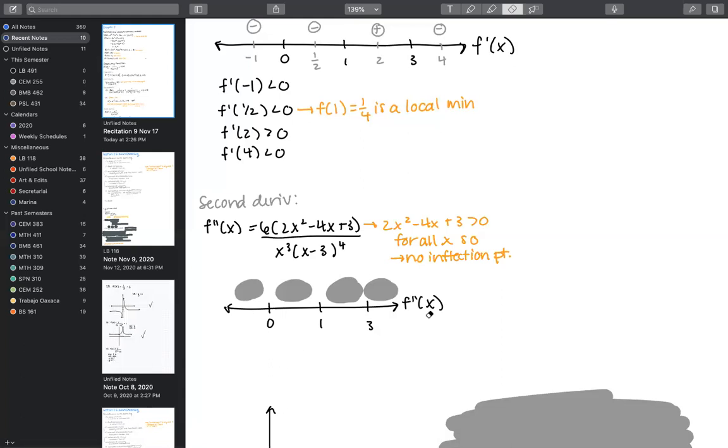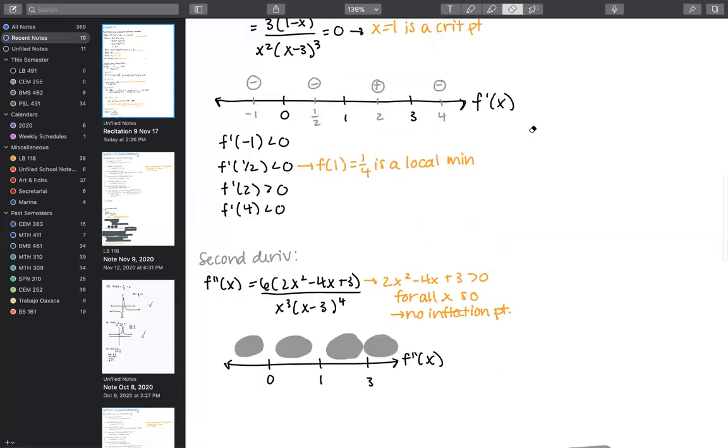So I didn't do as much of a detailed one as I did with the first derivative, but it's the same process. To the left of 0, we get that it's concave down. In between 0 and 1, we get concave up. In between 1 and 3, we get concave up again. So this is another example of how you don't want to assume that it's going to follow some sort of a pattern.